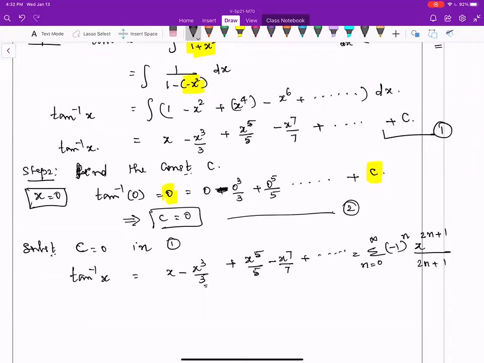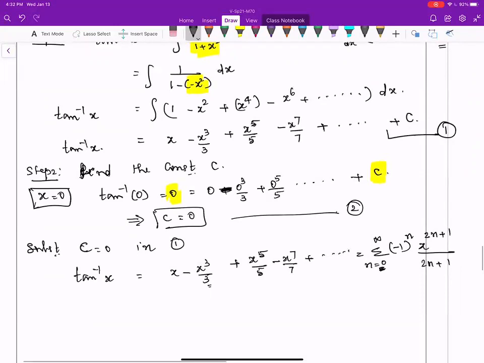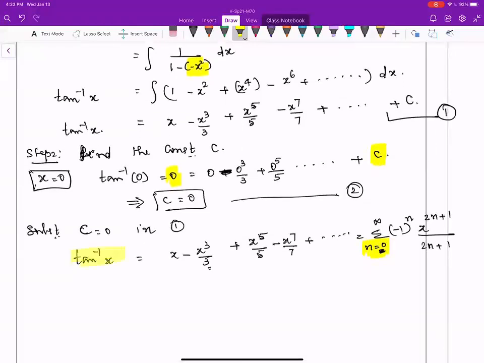So you can always make adjustments how you want to write this, n varying 0 to 1 or 1 through infinity. If you are moving n as 1 through infinity, then you have to make adjustments on the exponents inside sigma. So right now we have represented the series in terms of sigma varying from 0 through infinity.